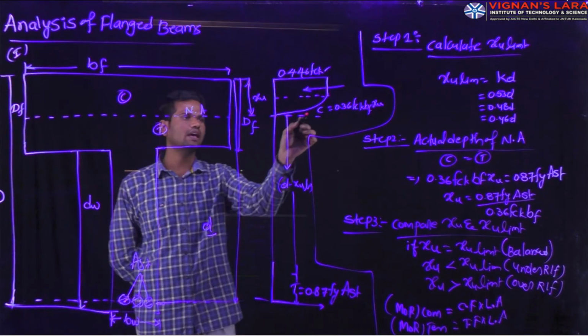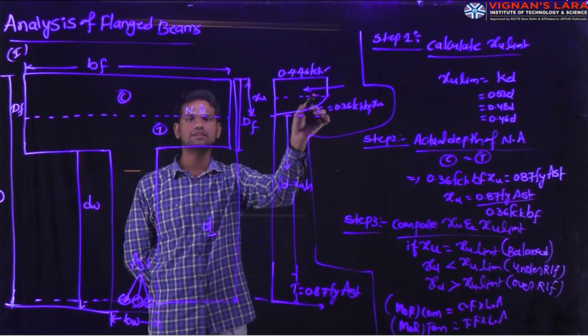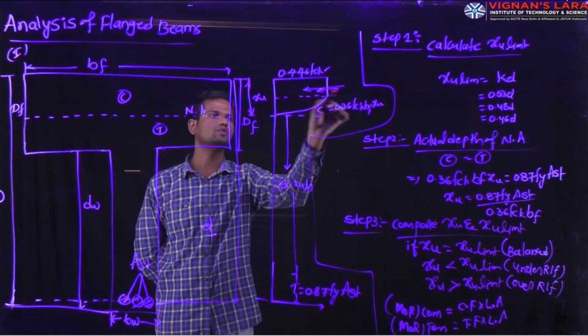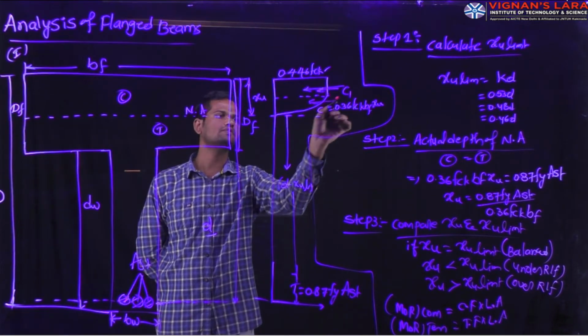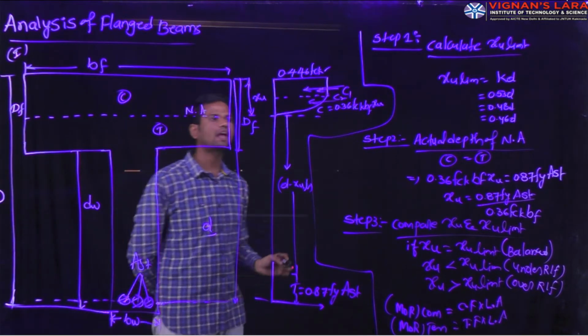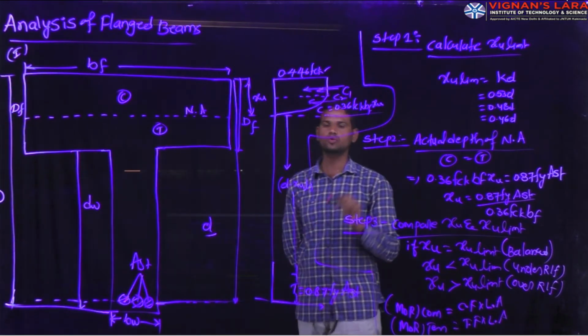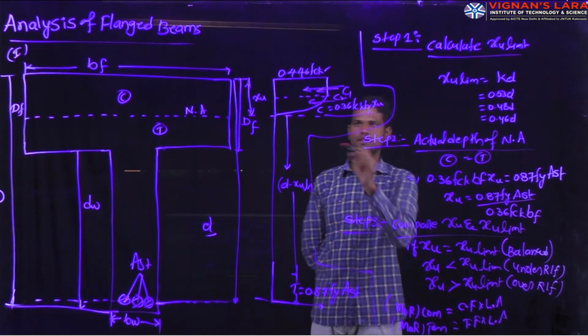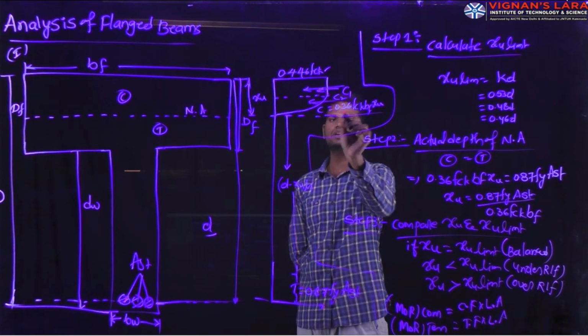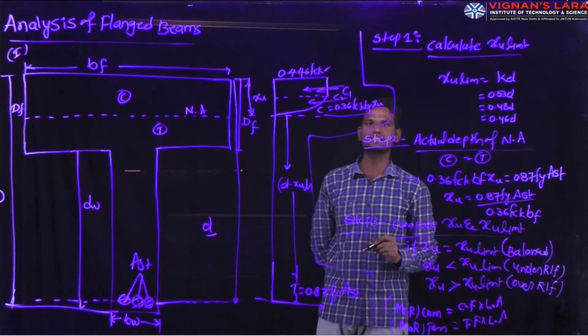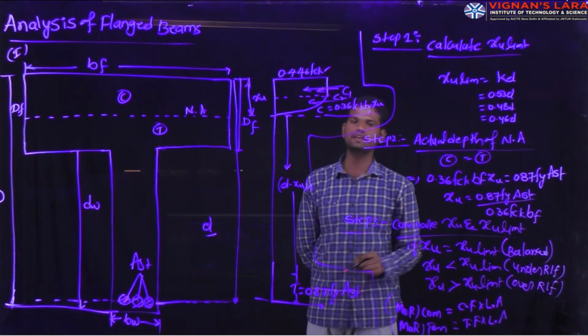And if you see here, by calculating and equating the compressive force for the rectangular portion as well as for the parabolic portion, we have the total compressive force acting on the rectangular and parabolic portions, C equal to 0.36 into FCK into B into XU.